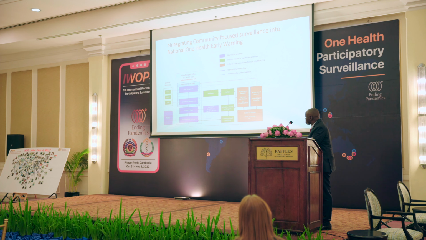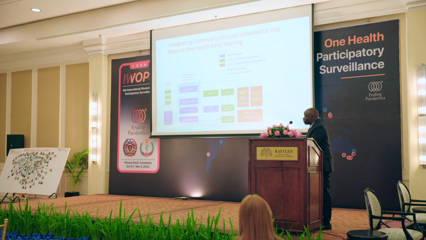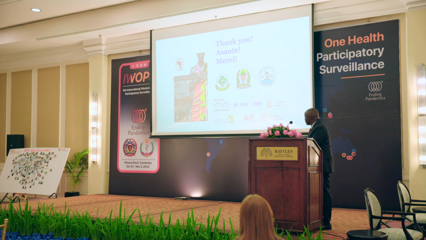The last one is linking community data to the national health system. We are currently developing another platform to support sharing early information from the community between different sectors: public health, animal health, and the environment. Because the information is reported from the community, we have also included Afya crowdsourcing, triaging, and verification.